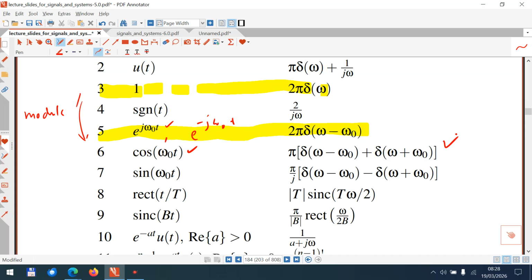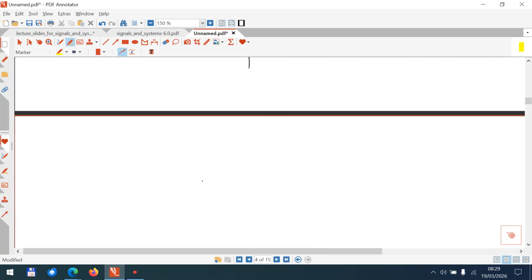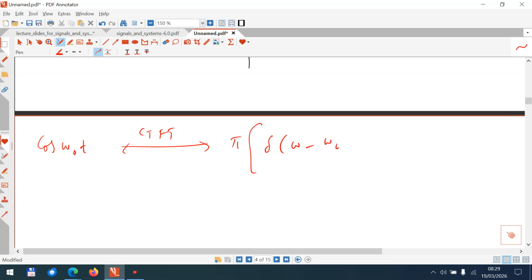So let's write these on the other side. I'll now write cosine omega naught t. If I have cosine omega naught t, where omega naught can be any fixed number, and I take the continuous time Fourier transform, what I get here is pi times, delta of omega minus omega naught plus delta of omega plus omega naught.